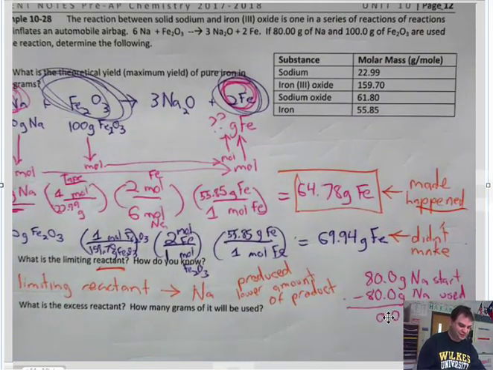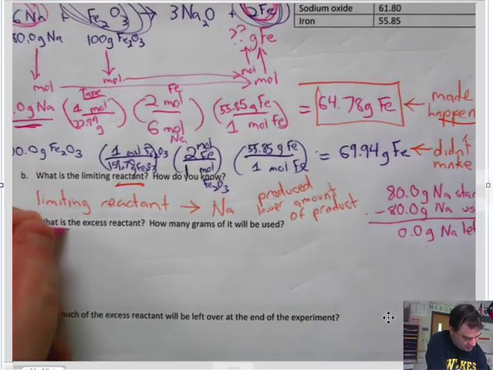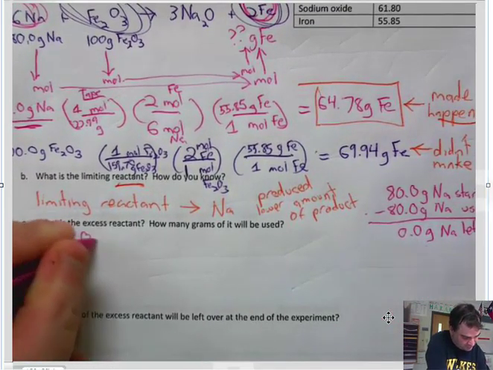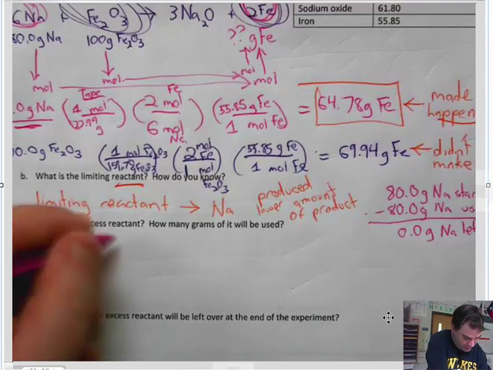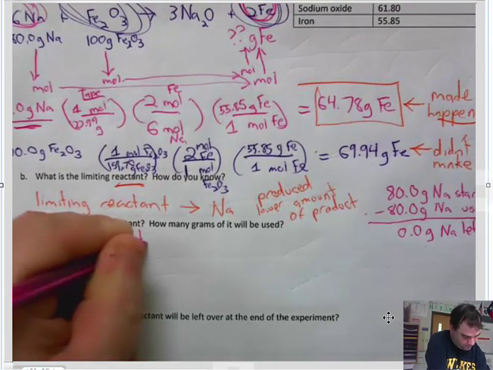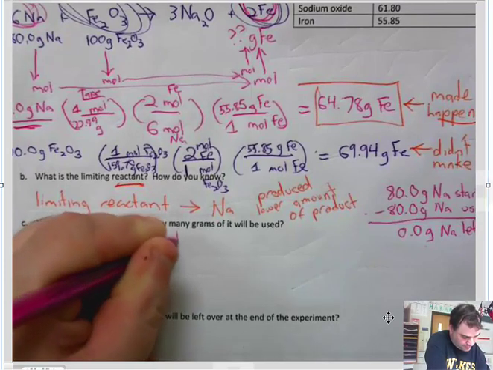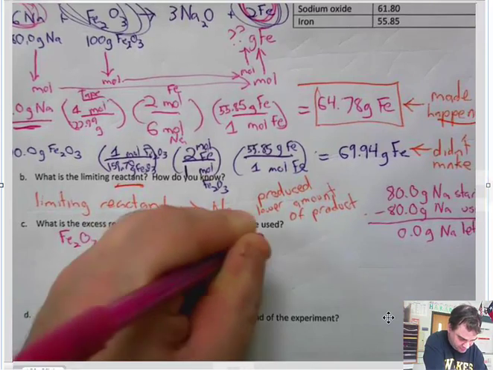What is the excess reactant? That would be iron oxide. We started with 100 grams of iron oxide.